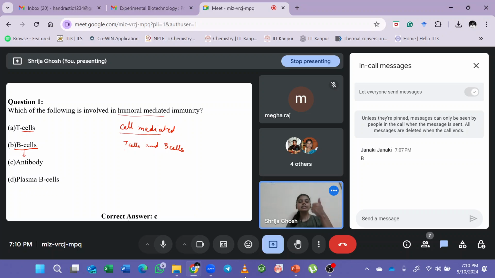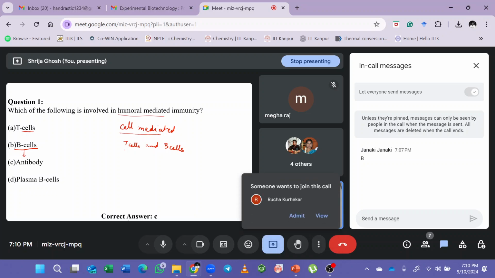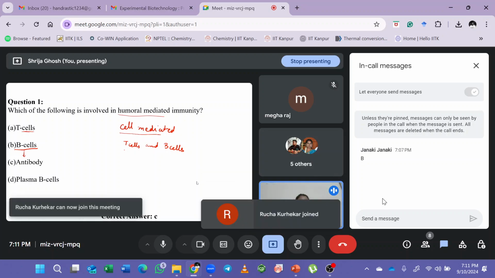So T cells and B cells are immune cells that have the capability of producing certain responses. They have the capability to elicit this immune response, to make a defense mechanism that can actually help our body to prevent these pathogenic infections.